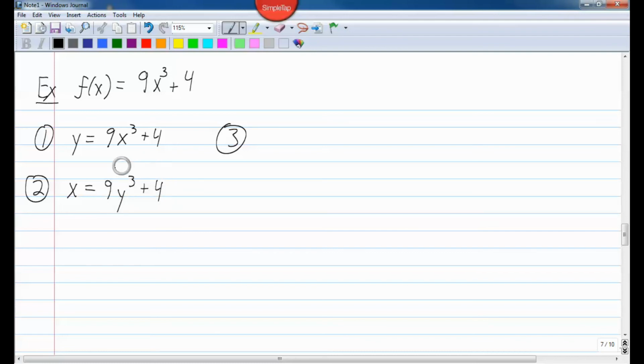Subtract 4 from both sides, and you'll have 9y cubed equals x minus 4. Now, divide both sides by what? 9. Alright, so here's what I have. y cubed equals x minus 4 over 9.